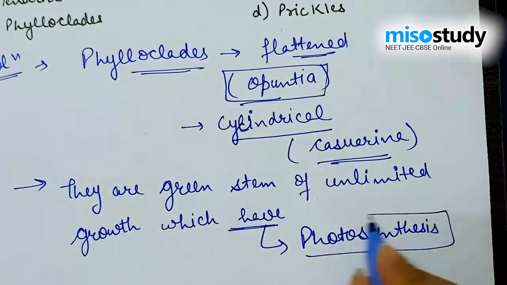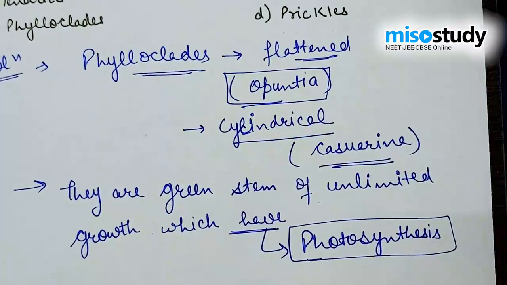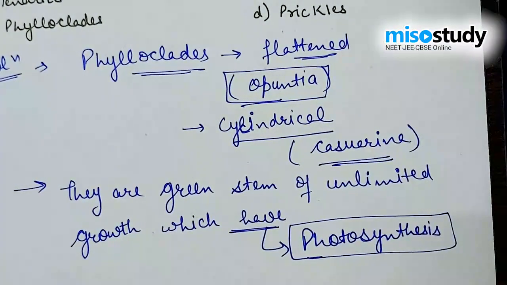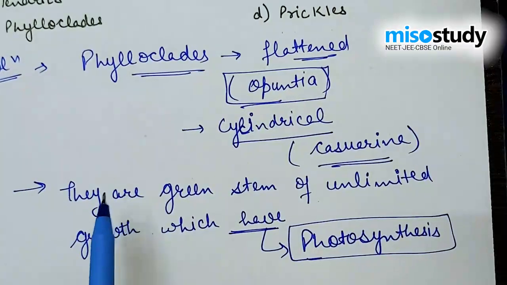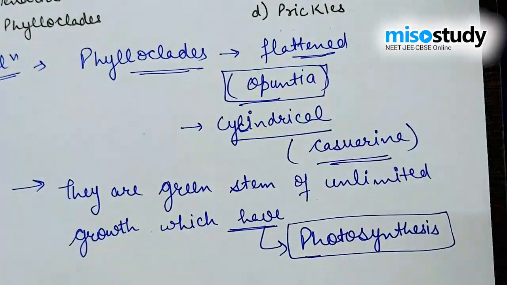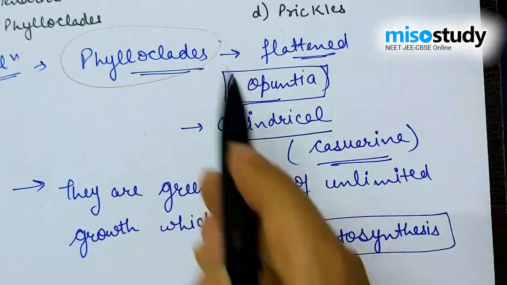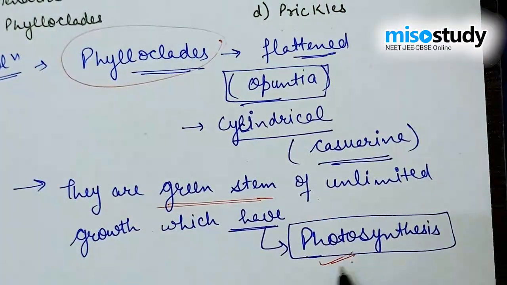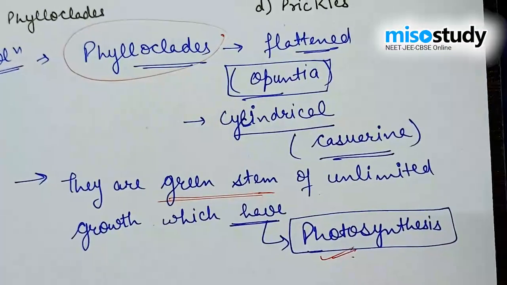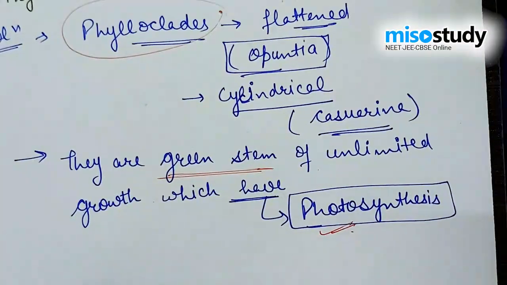As we all know, photosynthesis generally occurs in the green leaves of plants. In some plants, the stem is modified, turns green, and carries out the process of photosynthesis.